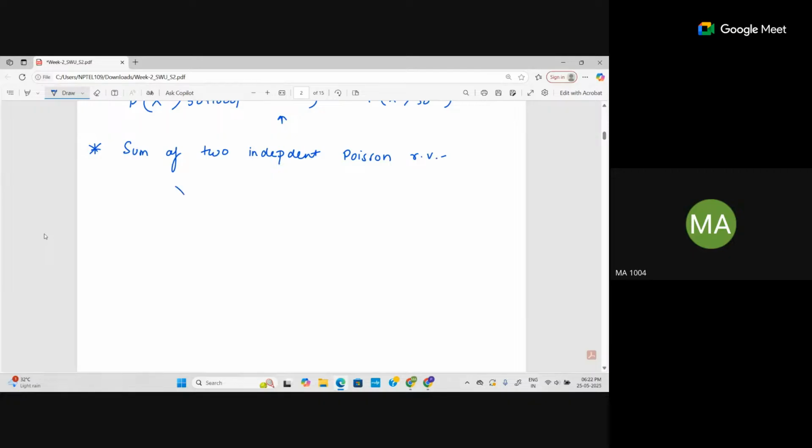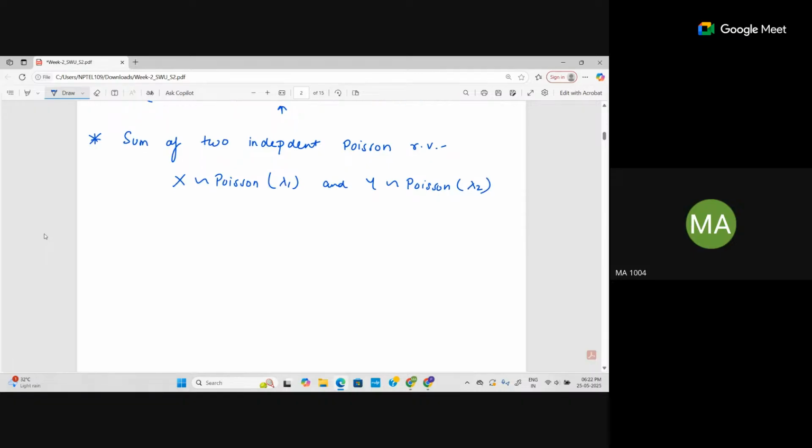So suppose we have a random variable x which is following Poisson distribution with parameter lambda 1, and we have another random variable y which is following Poisson distribution with parameter lambda 2.